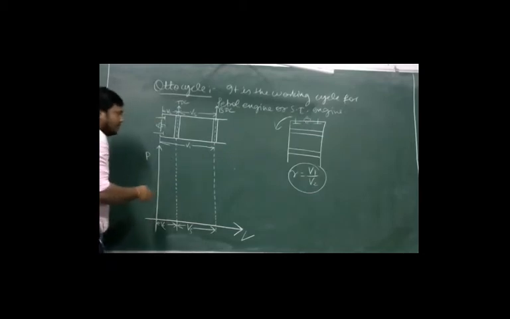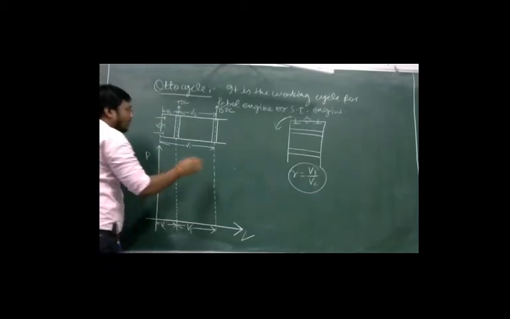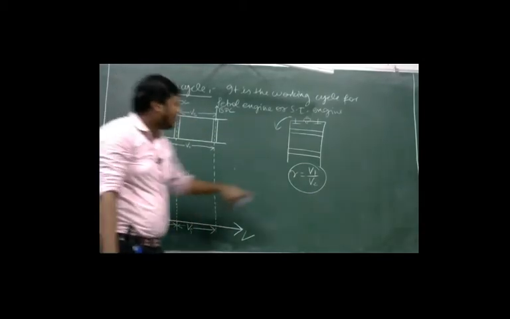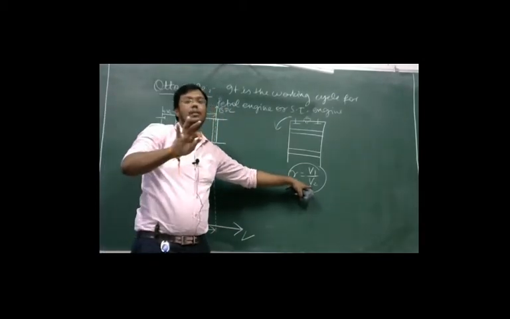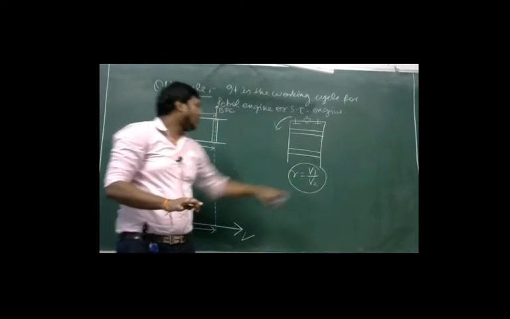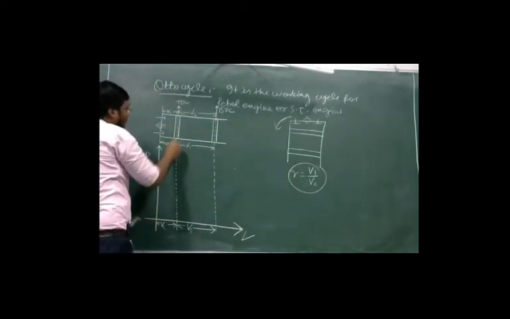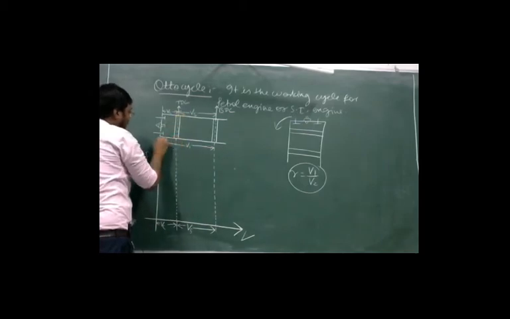Okay, and V2 is the volume for the final position of the compression stroke. Okay, so the final position of the compression stroke is at TDC. So V2 is the volume up to TDC.